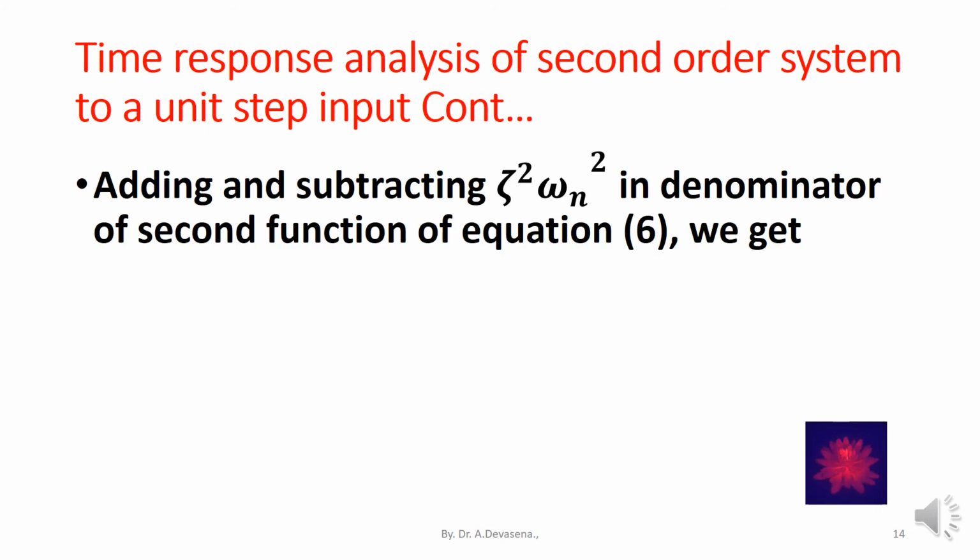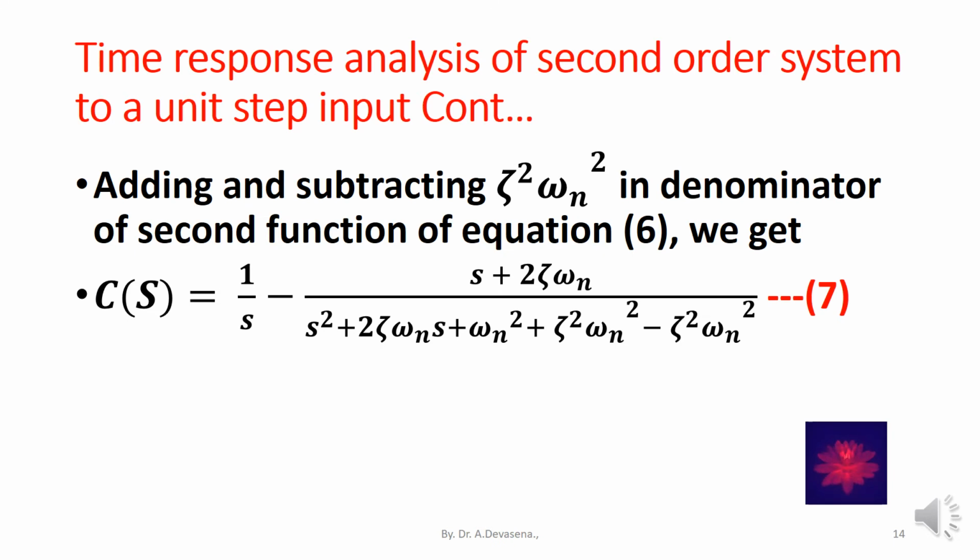Adding and subtracting ζ²ωn² in the denominator of the second function of equation 6, we get C(s) is equal to 1/s minus (s + 2ζωn) divided by (s² + 2ζωn s + ωn² + ζ²ωn² minus ζ²ωn²). Consider this as equation 7.